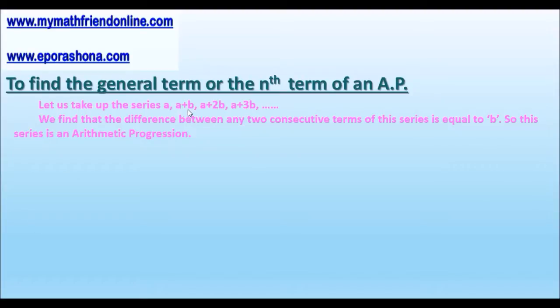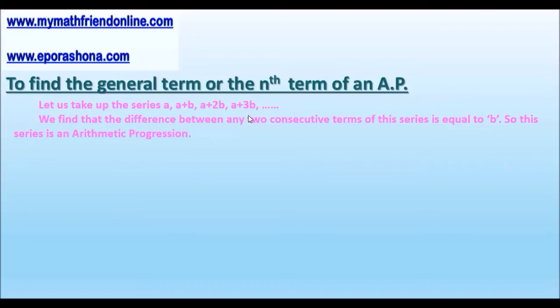If we take the second and the third term, the third term is a plus 2b, so a plus 2b minus a plus b will be giving us b. The third and the fourth term, a plus 3b minus a plus 2b will be giving us b again. So if we take the difference between any two consecutive terms, we will be getting the value as b.